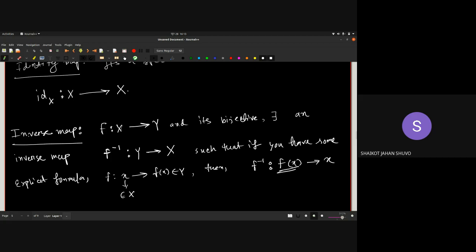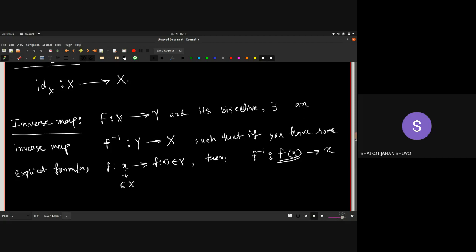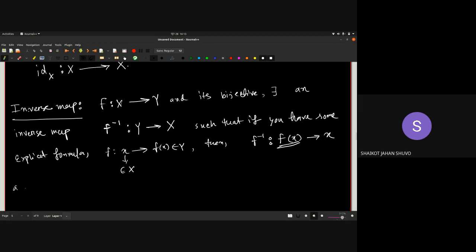It will take your elements of Y and map them to elements of X. And this f inverse is also bijective.